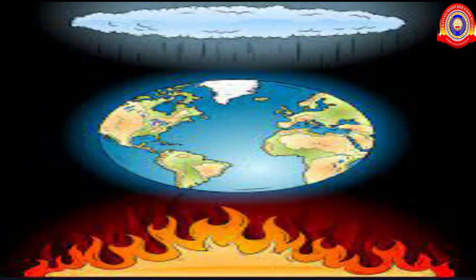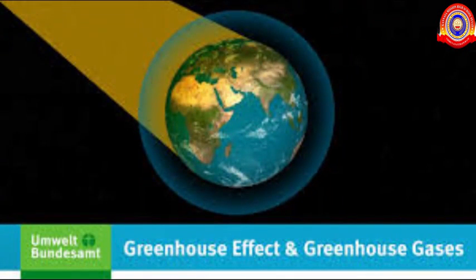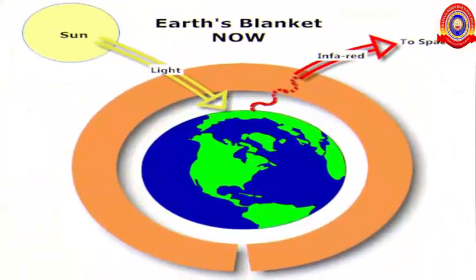Third one, sources of greenhouse gases. Fourth one, global warming. Fifth one, Kyoto Protocol. Sixth one, ozone as an umbrella for the earth. Seventh one, ozone formation. Eighth one, ozone hole. And ninth one, Montreal Protocol.